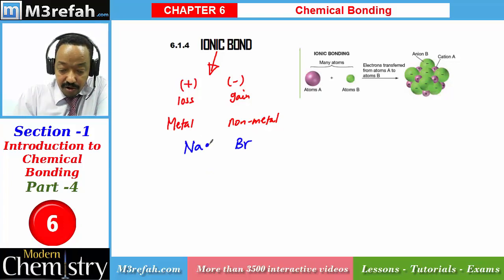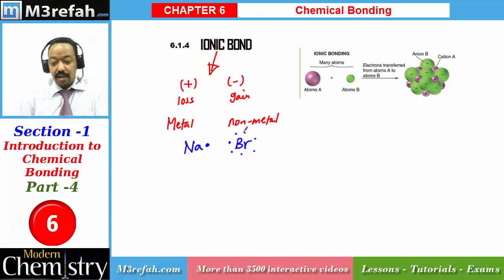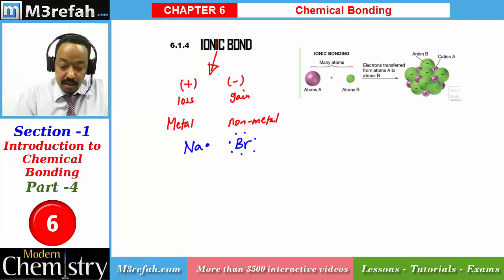The electron of sodium is in the outermost shell, because most metals have a valence shell of 1, 2, 3, and bromine has 7 electrons. It requires one more electron: 1, 2, 3, 4, 5, 6, 7. Now the interaction between them is a partnership through transferring this electron to another.